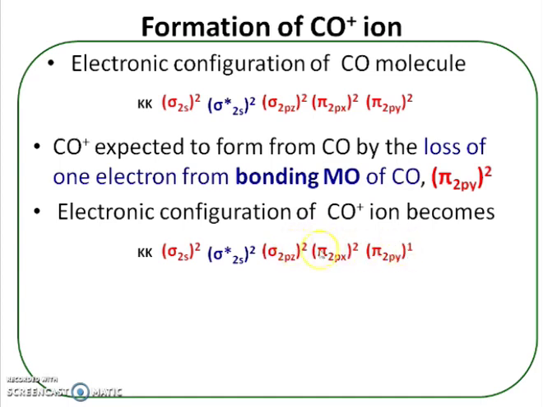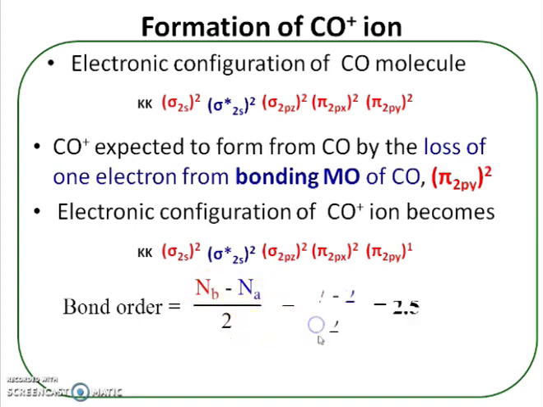There are 7 bonding electrons and 2 anti-bonding electrons, and when we calculate the bond order for the CO plus cation, the formula is the number of bonding electrons minus anti-bonding electrons upon 2. Bonding electrons are 7, anti-bonding electrons are 2, upon 2 it is 2.5.